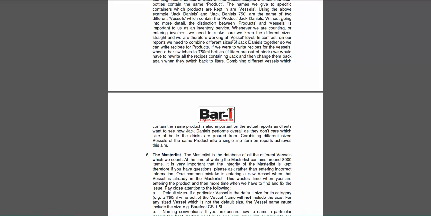But the clients don't care about what sizes they're using. They just want to know about Jack Daniels overall. So when we're writing the recipes, in order to match up our usage with our sales, we're writing recipes at the product level. We're not distinguishing between the 750, and the reason is, if we wrote all the recipes for the 750 milliliter bottles and then they decide to switch up and use liters, we'd have to go and rewrite all those recipes to the different size, which doesn't make sense.